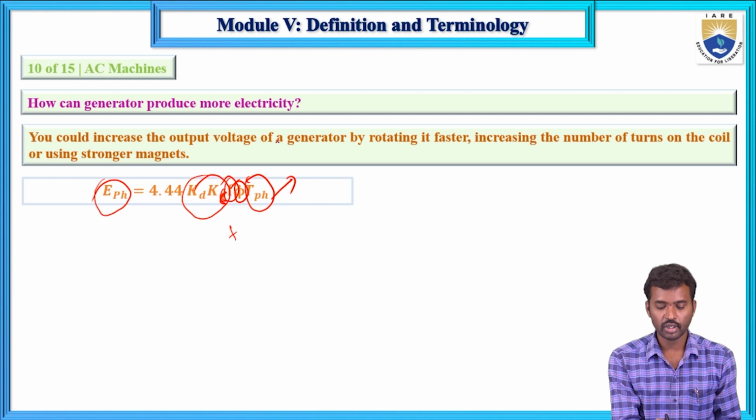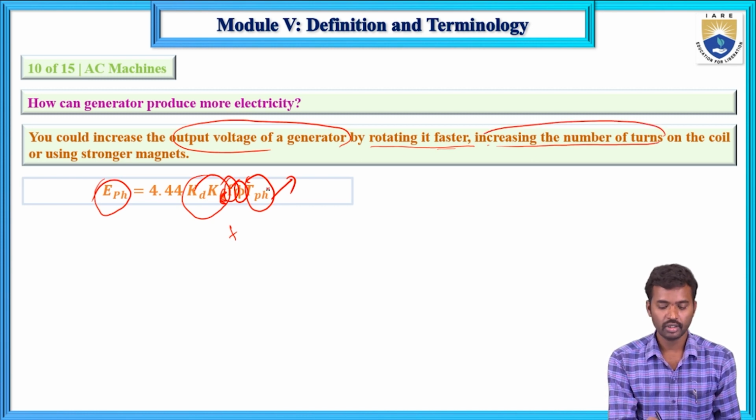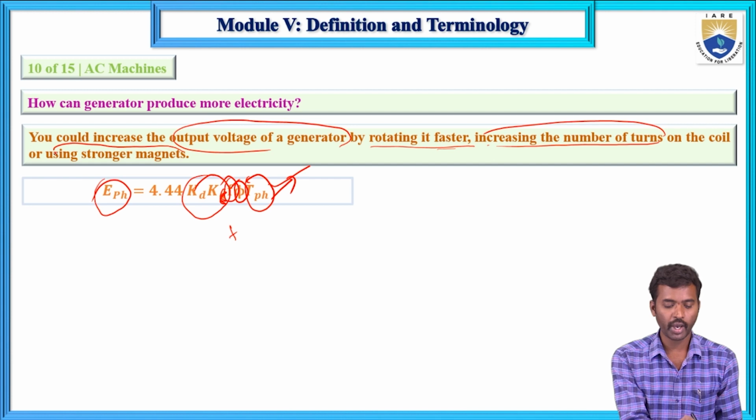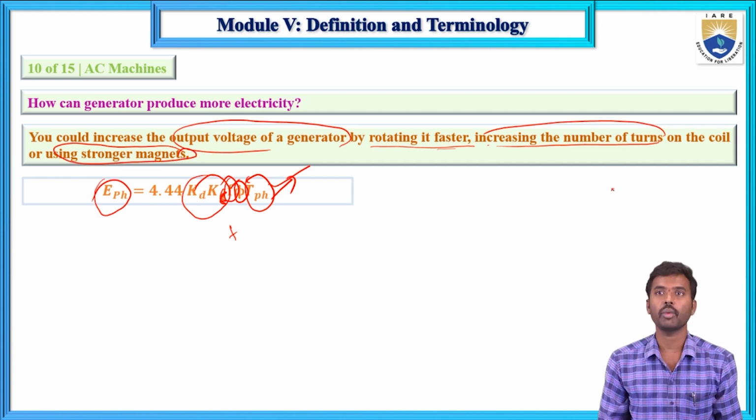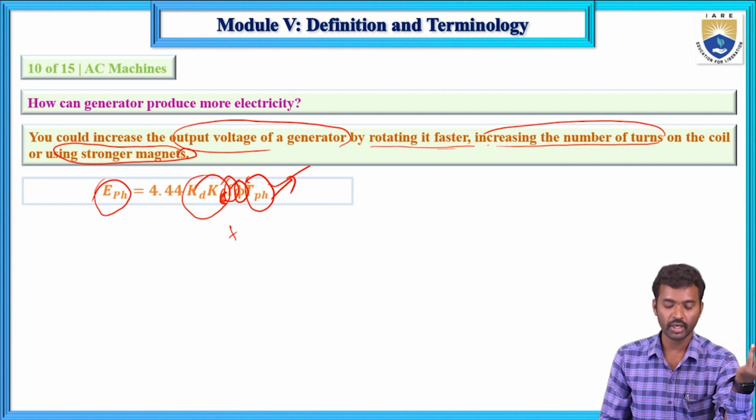So you can increase the output voltage of the AC generator by rotating it faster, increasing the number of turns on the coil, and using strong magnets, which have a strong magnetic field and strong magnetic flux.